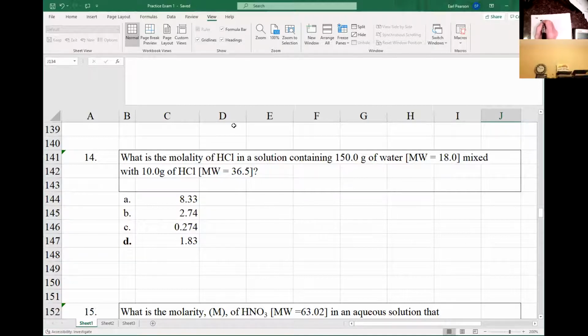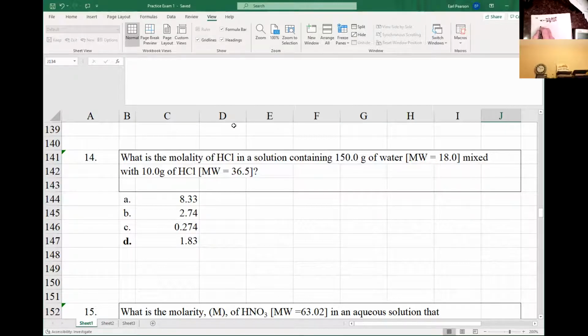Now, in doing these problems, if molality is being asked for, you have to be able to get the number of moles of the solute and divide it by the number of kilograms of solvent, in this case water. So I need to get these two numbers and divide them out.